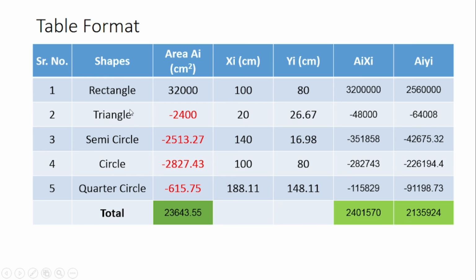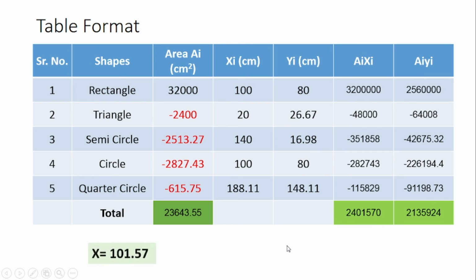Then mention all the shapes that we have covered in the last segment: rectangle, triangle, semicircle, circle, quarter circle. Now copy the data, area, x bar and y bar for individual figure. Do the multiplication, area into xi, so this into this will be reflected here. At the end, find out the summation of area, the summation of ai xi and the summation of ai yi.